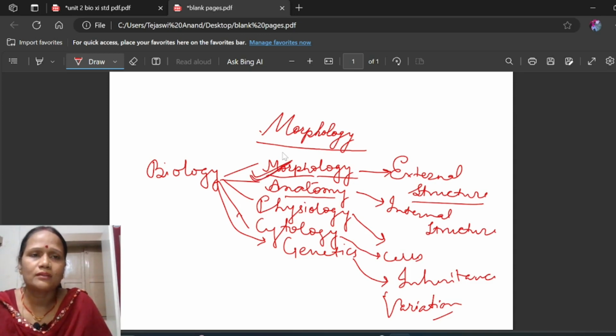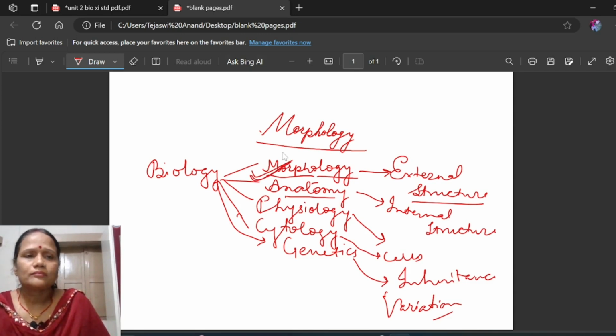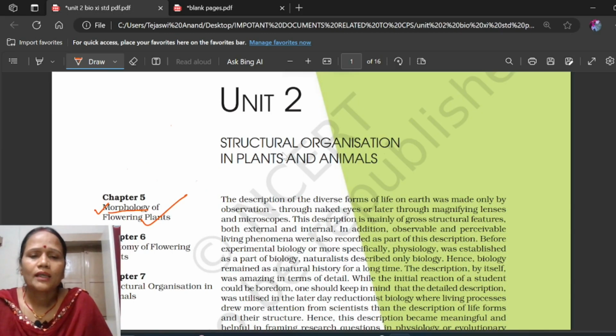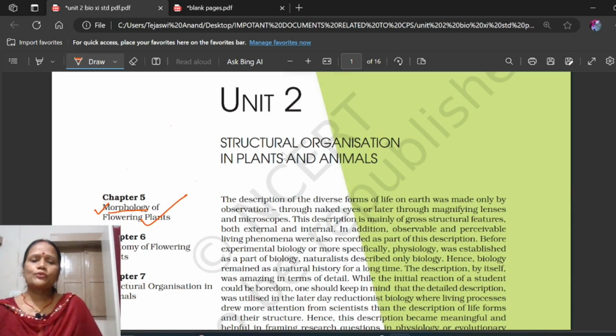There are so many branches, but we have to focus more upon this topic in this chapter. Here you can see the description of the diverse forms of life on earth was made only on observation, by naked eyes, or later through magnifying lenses and microscopes. All the external features can be studied externally.